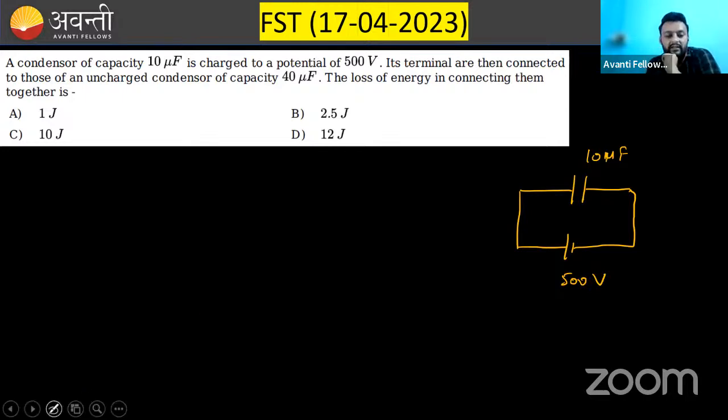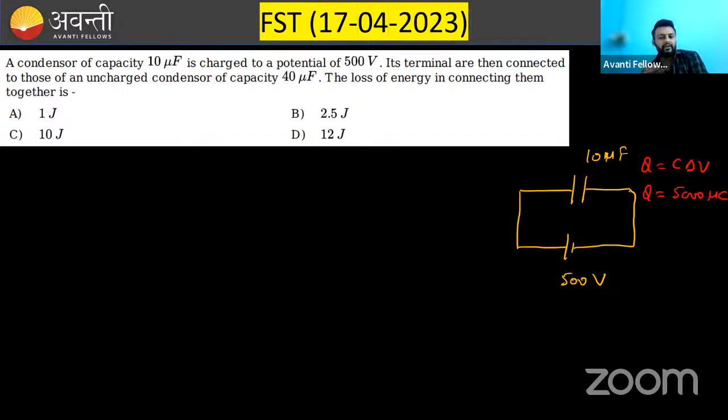Then during the charging, how much charge will it acquire? You will say, sir, Q is equal to C delta V. We know that charge on the capacitor will be C delta V. I think this formula you remember now. So if you solve the product, C is 10 microfarad, delta V is 500. Can you see that it will become 5000 microcoulomb? Is it clear?